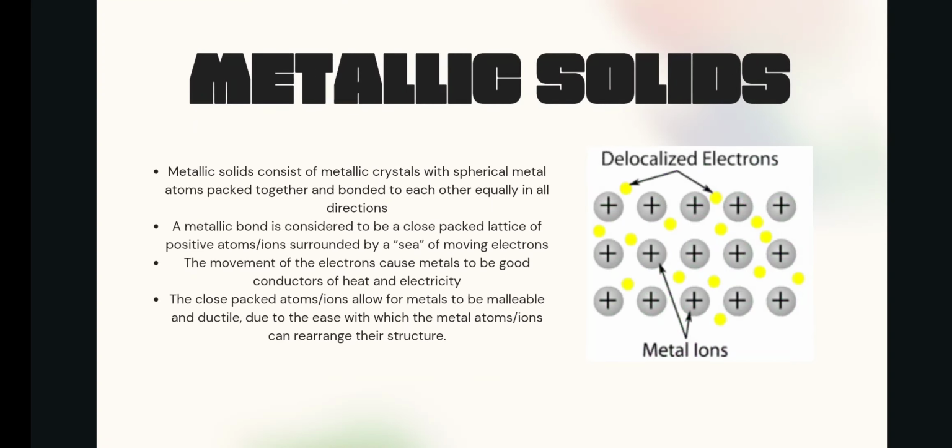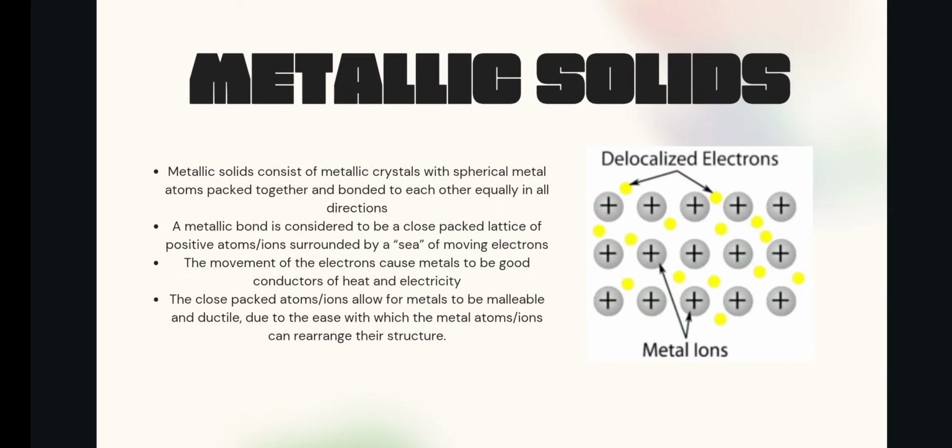Metallic solids. Metallic solids consist of metallic crystals with spherical metal atoms packed together and bonded to each other equally in all directions. A metallic bond is considered to be a closely packed lattice of positive atoms/ions surrounded by a sea of moving electrons.